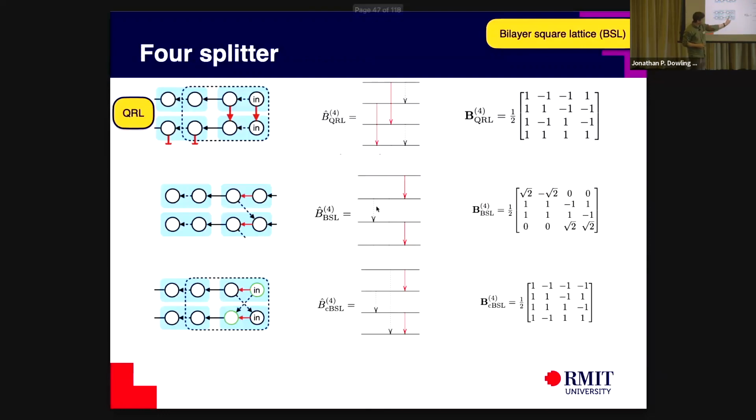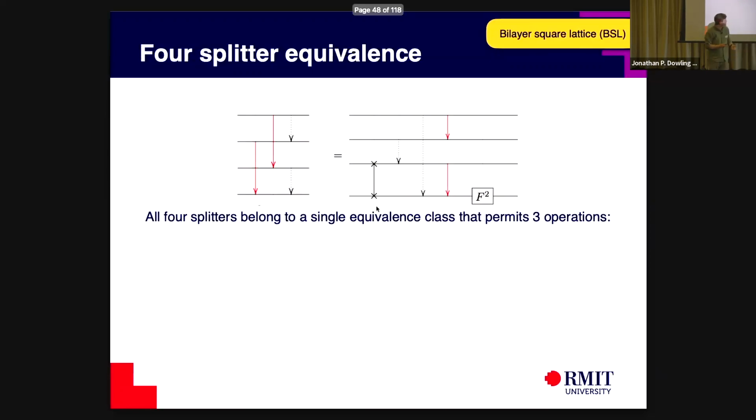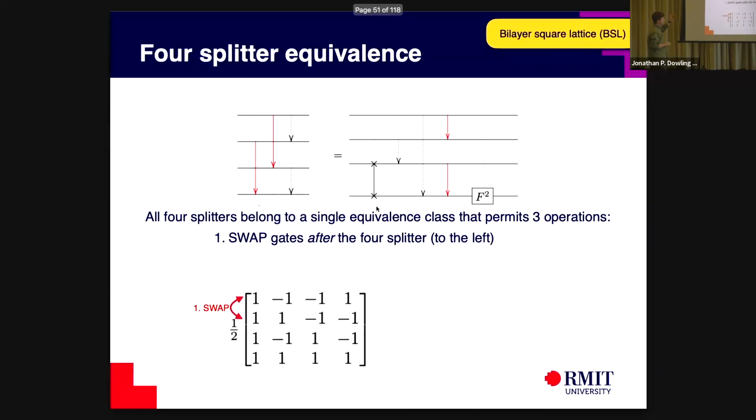For this other one, we have a different setup of beam splitters, but it's still a 4 splitter. And the unitary matrix looks very similar. So we can use some operations that take us between them. So swap gates after the 4 splitter swap rows in this unitary matrix.